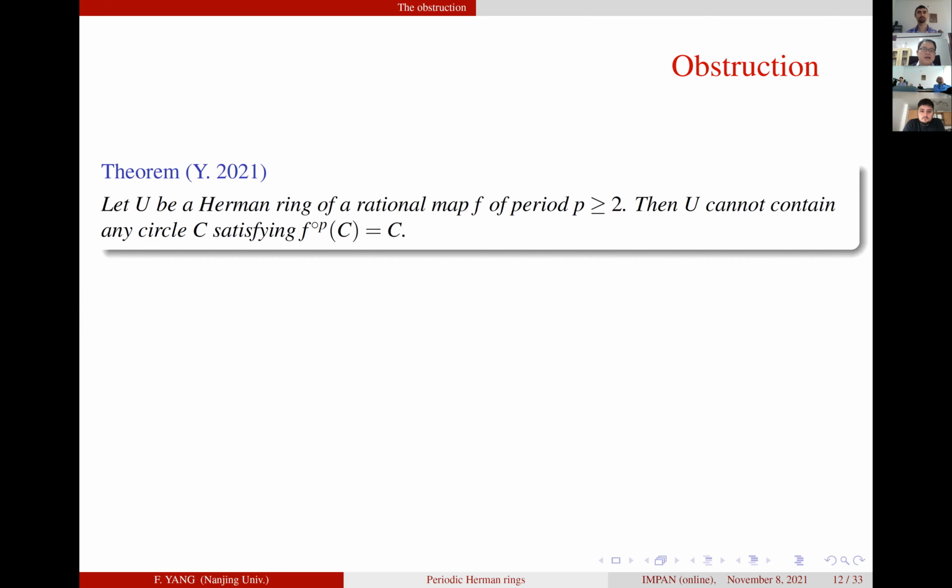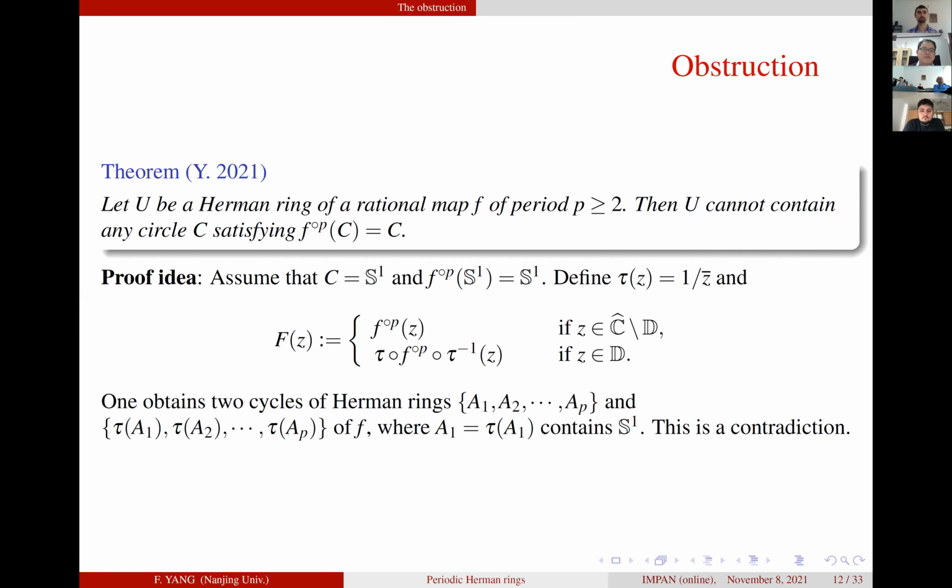So the proof idea is very simple. Suppose C equals the unit circle by a holomorphic coordinate transformation, and suppose f^p maps the unit circle to itself. Then we define a new map, big F. If z belongs to the outside of the unit disk, then we define big F equals f^p.